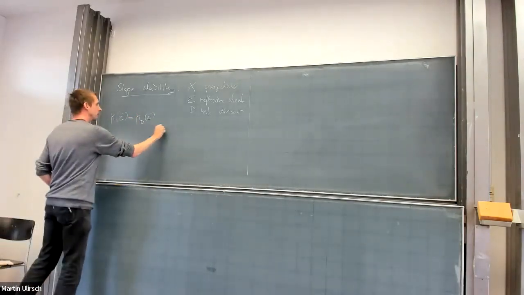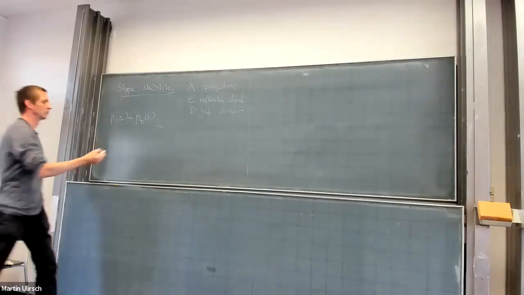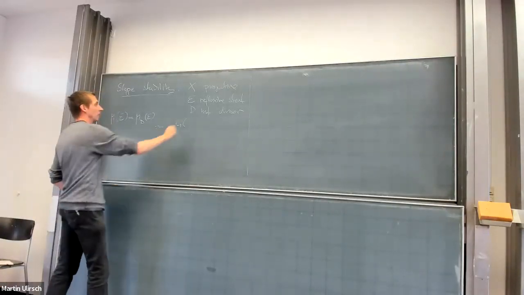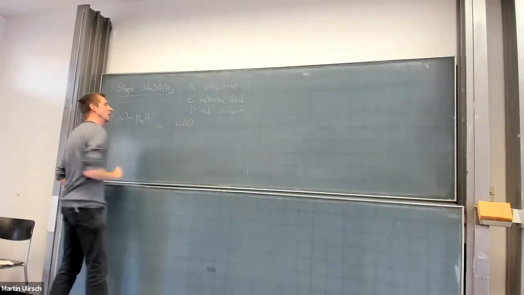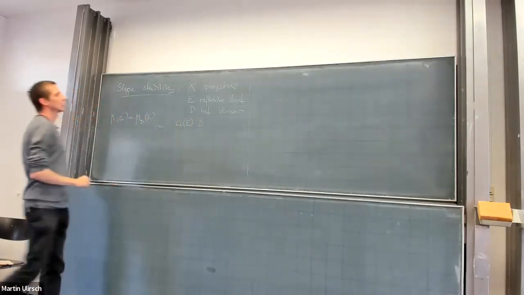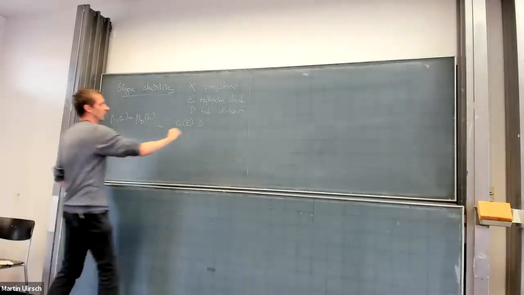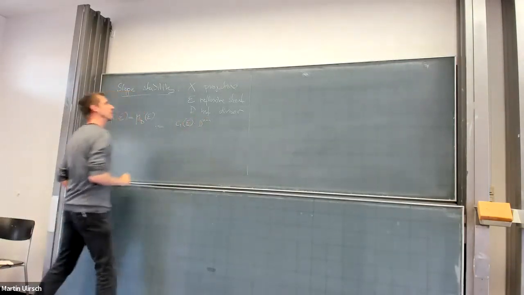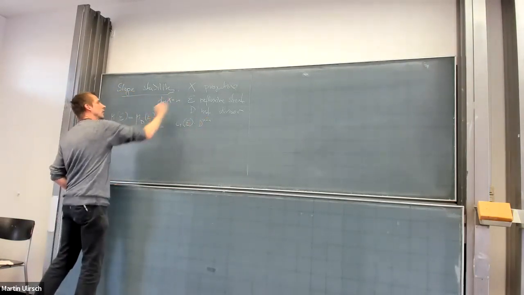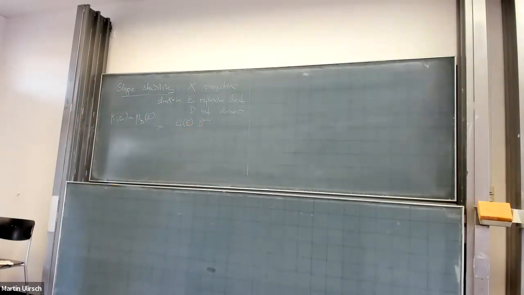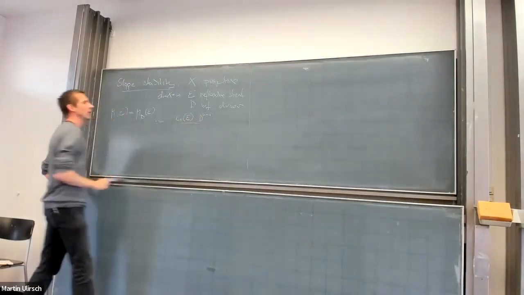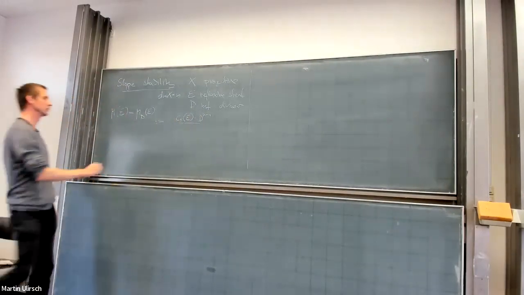What is this? It's the intersection number obtained from the first Chern class of E and our divisor to the power n-1, where n is the dimension of X. And we have to rescale by the rank of our vector bundle.